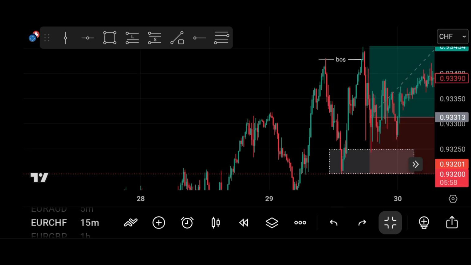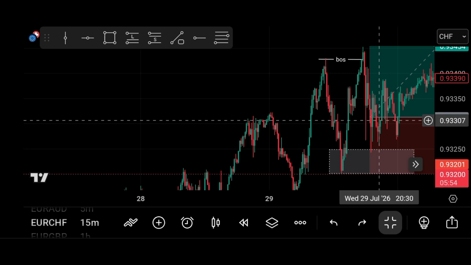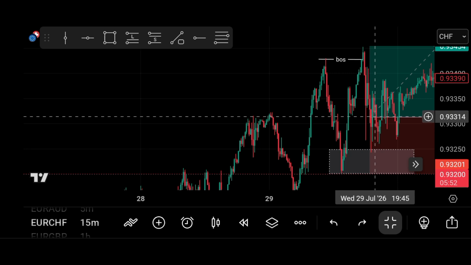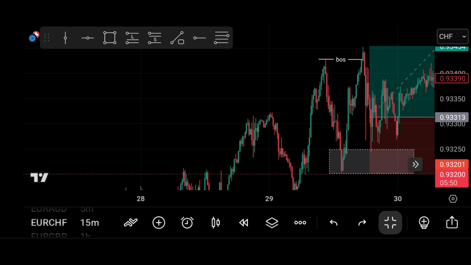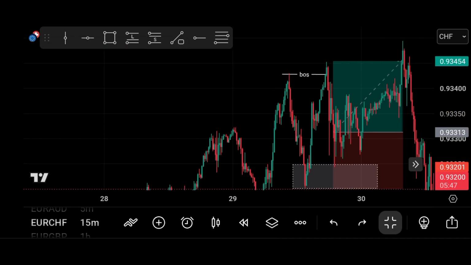So I had to leave that, and I waited for price a little bit further down into the area, and that's why I was able to target this risk to reward comfortably.